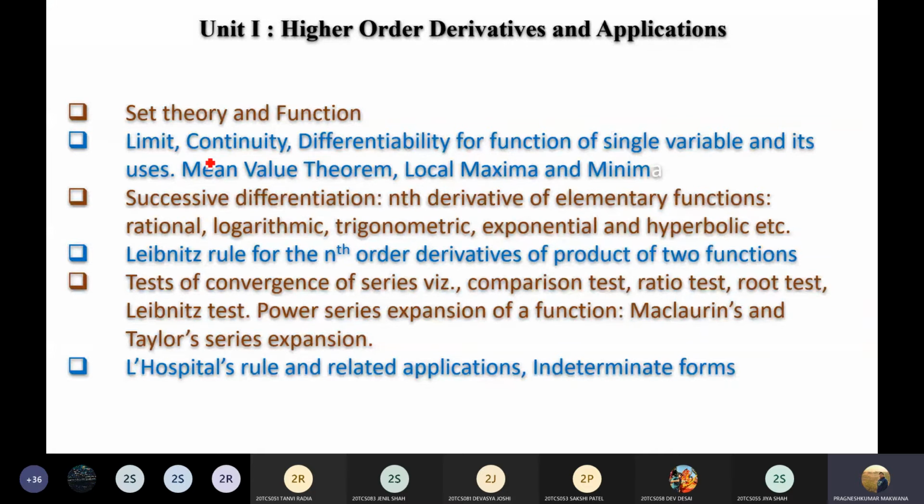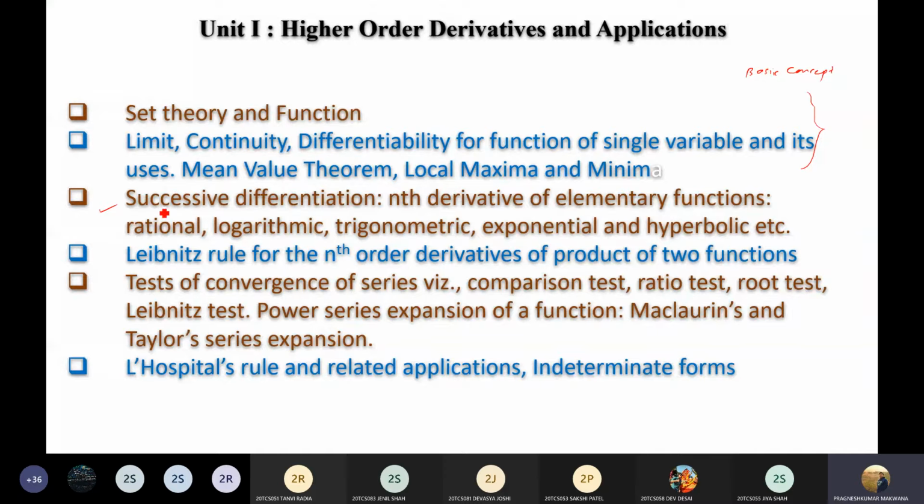These are completed. The second one is limit, continuity, differentiability of a single variable, mean value theorem, and maxima minima. These both are the basic concept. Some of the topics you have studied in 12th standard. So here is recall. Now the original chapter started here.